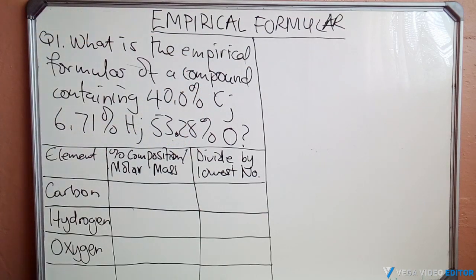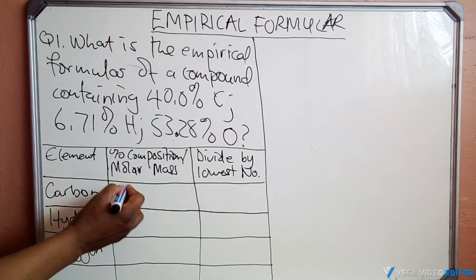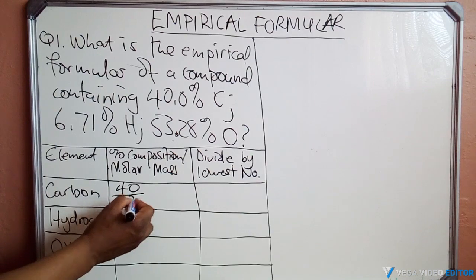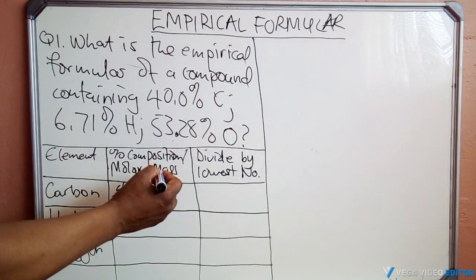So we will deal with, first and foremost, the percentage composition divided by the molar mass. The percentage composition here is 40. 40 divided by the molar mass for carbon, which is 12, will give you 3.33.